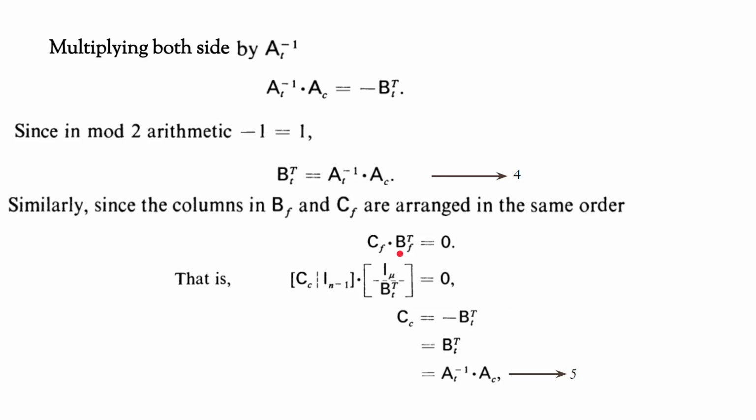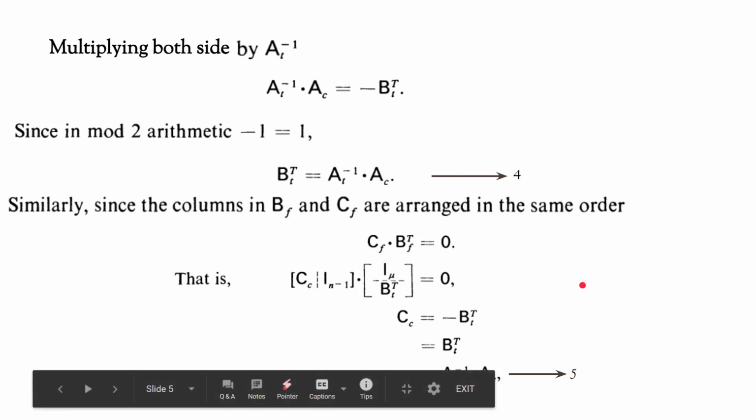By taking the mod 2 arithmetic property of minus 1 equals 1, we get Cc equals Bt transpose. We already saw in equation number 4 that Bt transpose equals At inverse dot Ac. So we substitute the value here and we get At inverse dot Ac. That is equation number 5. From equations 4 and 5, we get Bt transpose equals Cc equals At inverse dot Ac.